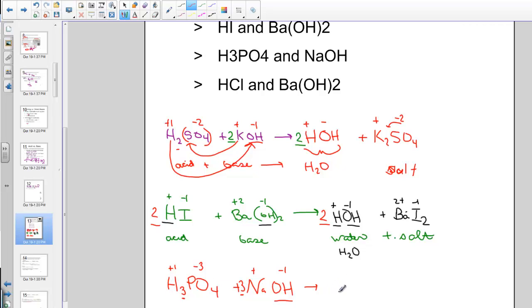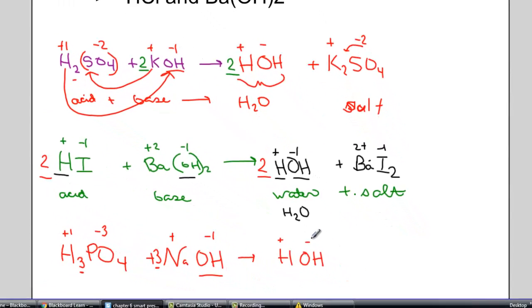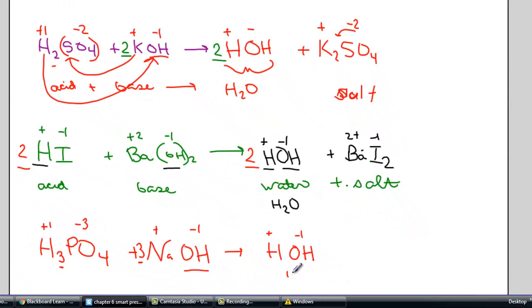H3PO4, 3 protons. So when an H goes to an OH, H is a +1, hydroxide is a -1. We commonly just write this as H2O, that's our water. But HOH helps me see that H came from the acid and the OH came from the base.